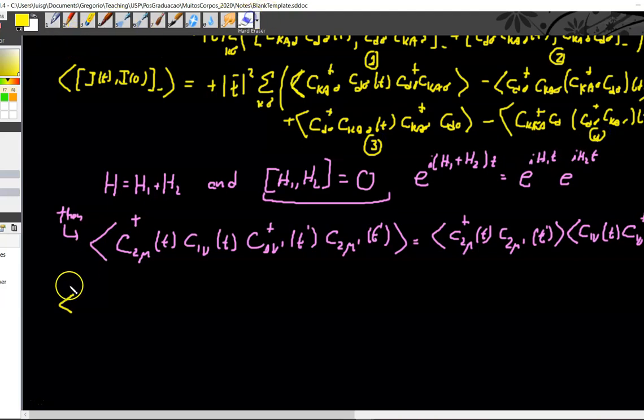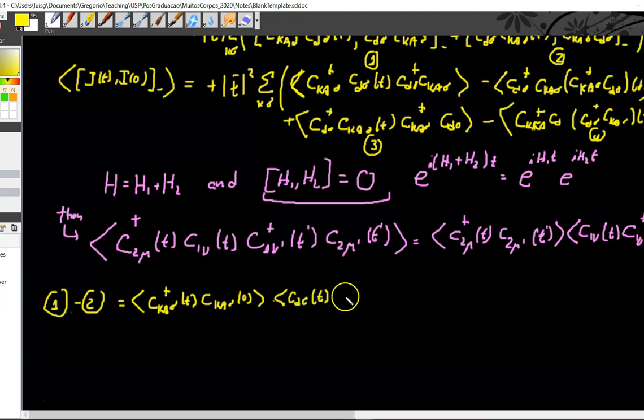So if this is true, then I can write 1 minus 2 as the expected value of CKA sigma at time t, CKA sigma at time 0, which is this one, times CD sigma at time t, CD sigma at time 0.